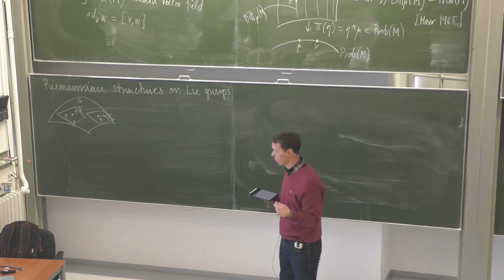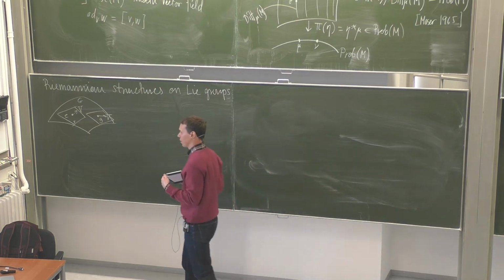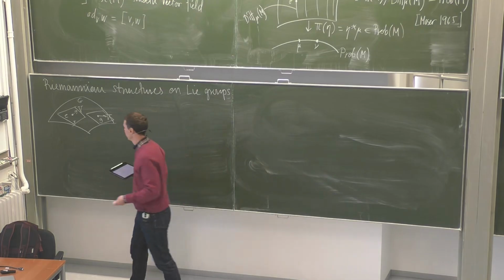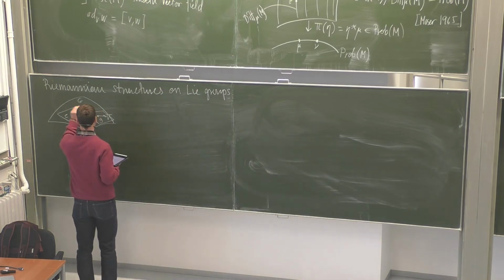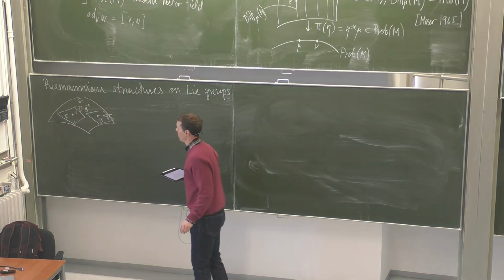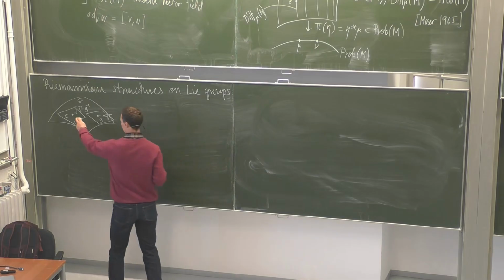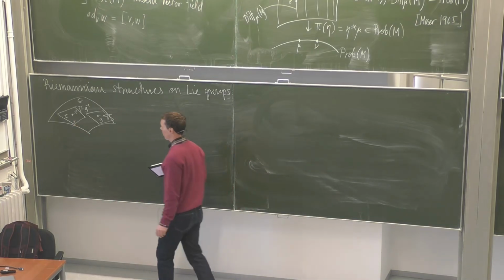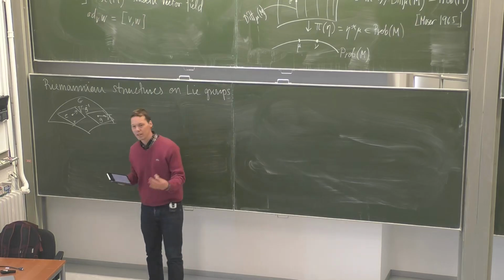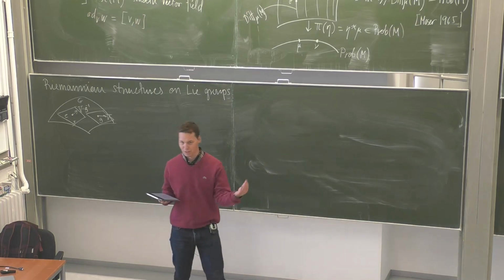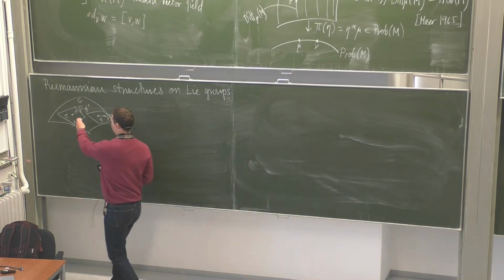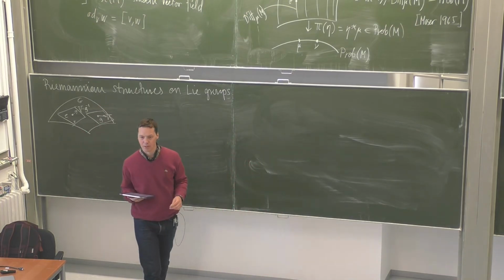I'm going to use action from the right because that's what gives us hydrodynamics. So I act with G inverse on this one, the lifted action, and that gives me a vector in the algebra. So if I want a Riemannian structure, I can say it should be invariant with respect to this right action. That means I only have to specify one inner product, for example, at the Lie algebra.